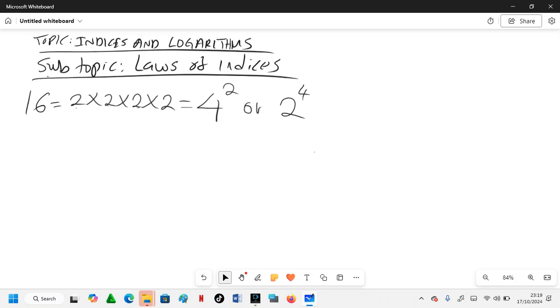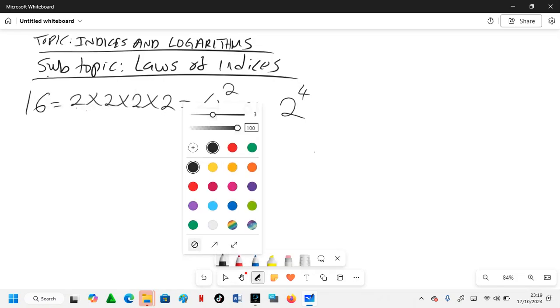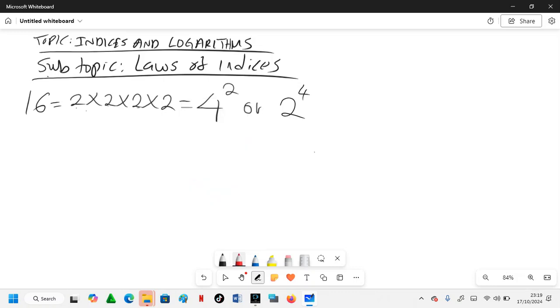Okay, 4 has just combined this pair and this pair, so that you have 2 times 2, this one is 4, that one is 4, so 4 to power 2.